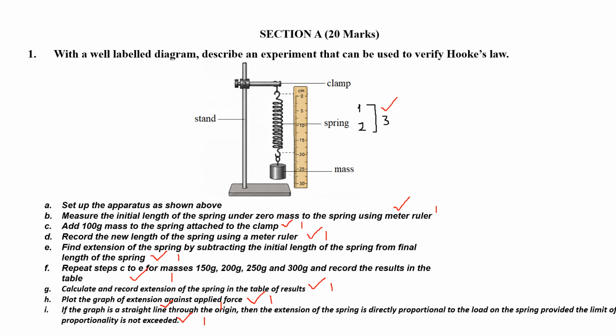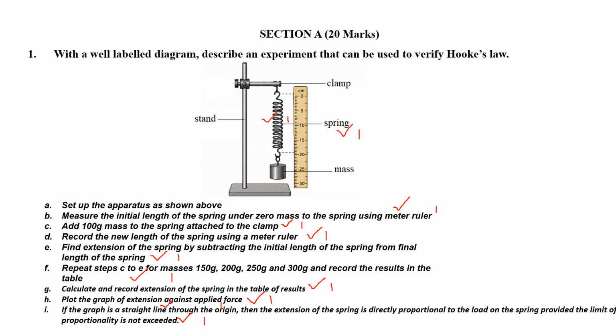We can give the diagram 2 marks, 1 mark for the correct diagram, and 1 mark for the labels. So we have 2 marks there. Then it's 3 marks for saying measure the initial length. 3, then 4, 5.